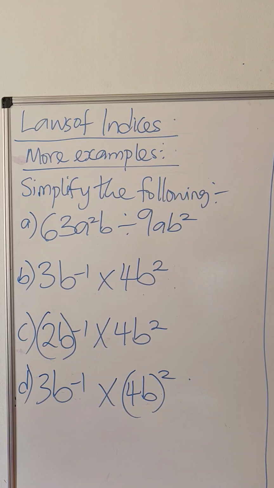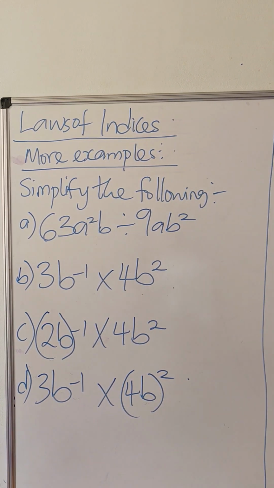The fourth one, and this time around b is the only one raised to power minus 1, not with 3. So 3b raised to power minus 1 multiplied by (4b) in bracket, everything in bracket raised to power 2. So I'll start solving now, viewers. I'll pick it from the first one.